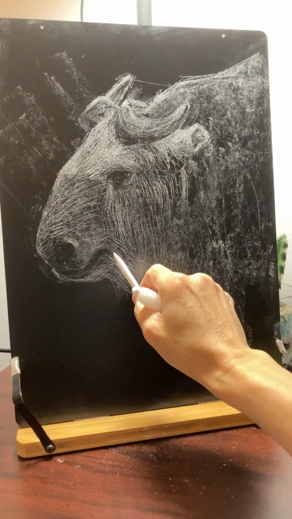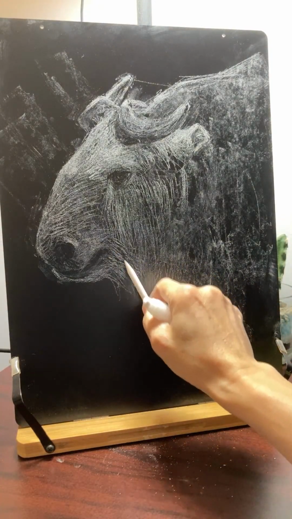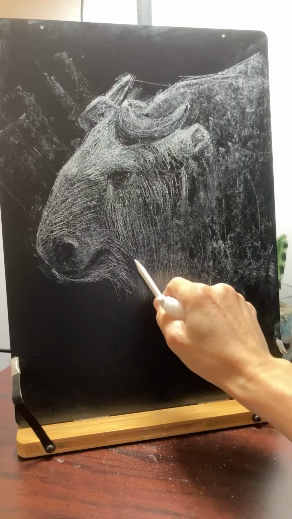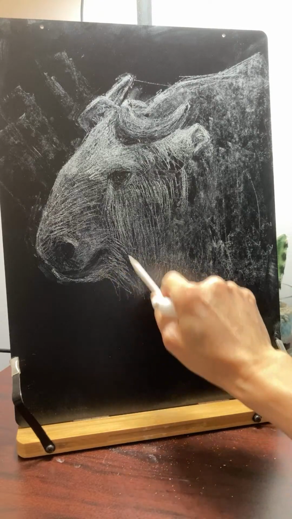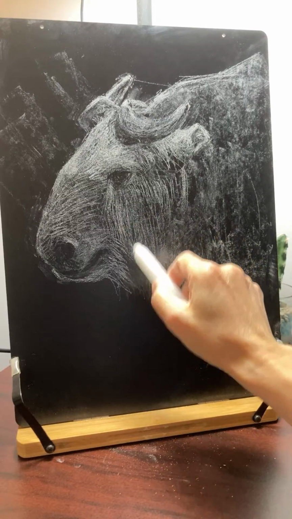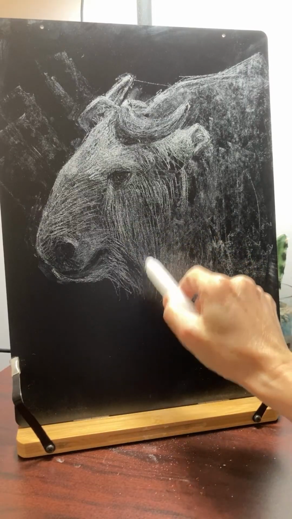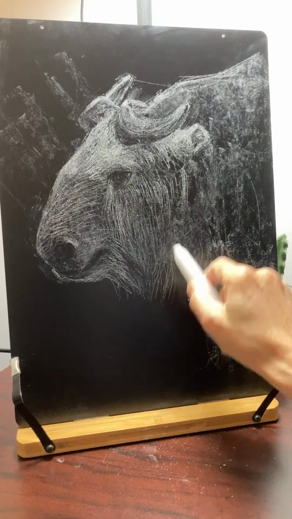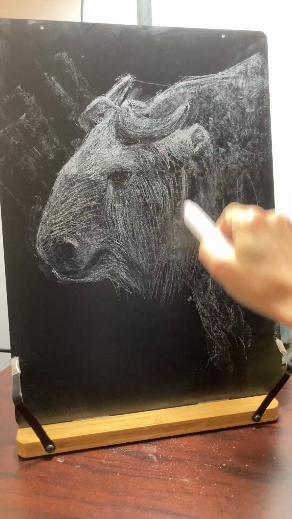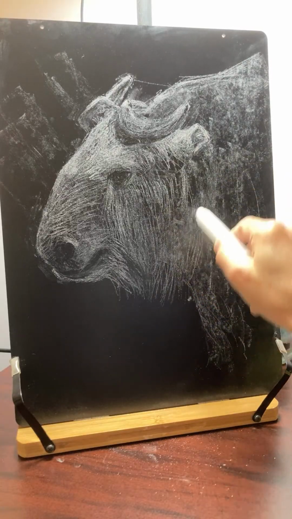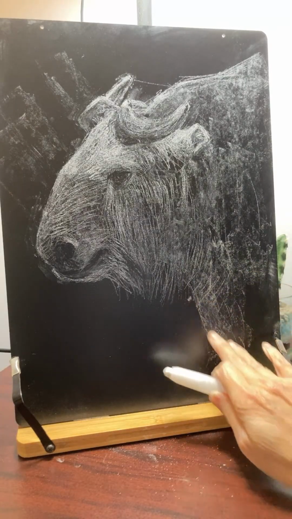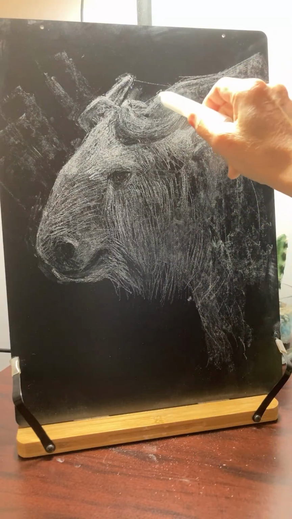Okay, let me see, he got a shape here. Okay, make this blur, then I could draw this side.